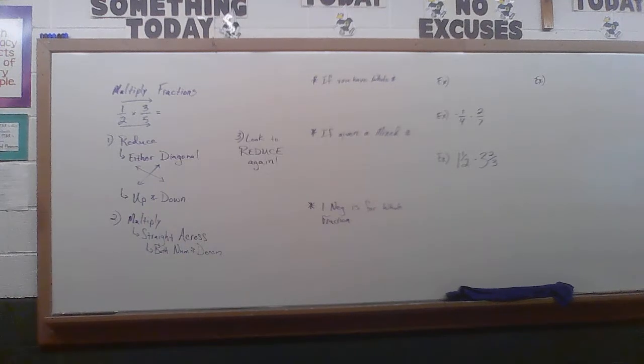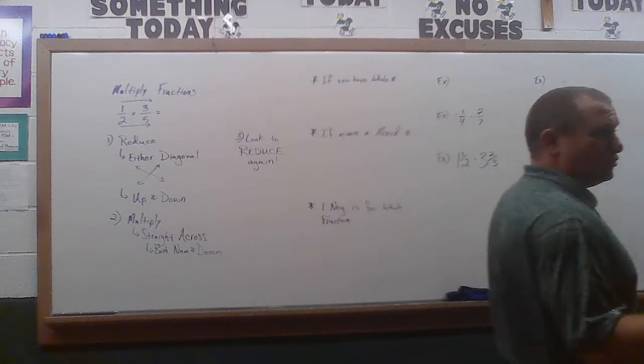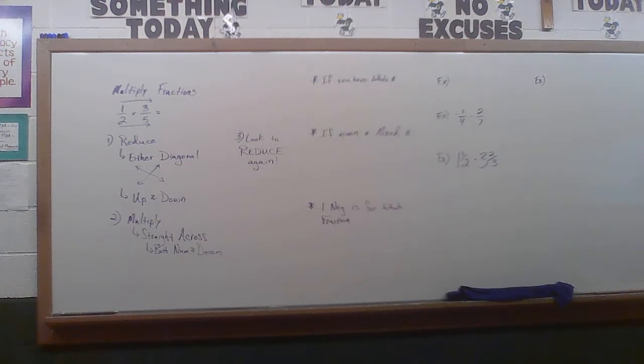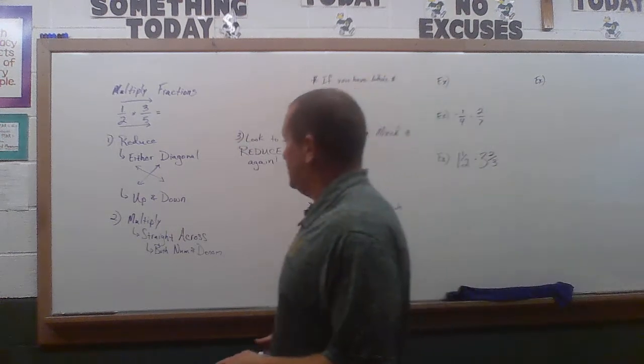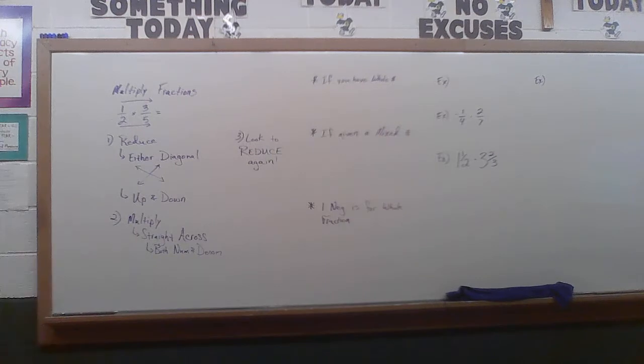That reminds me I'm doing it on both the top and the bottom. This is a huge thing we have to get into our heads, because when we get into adding and subtraction, which will be the next couple of sections later in the chapter, then you only do the numerators, or the top numbers.